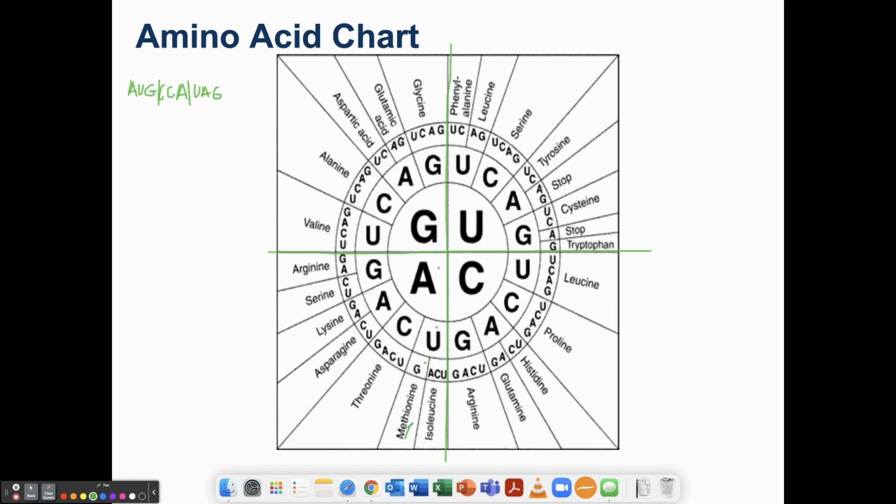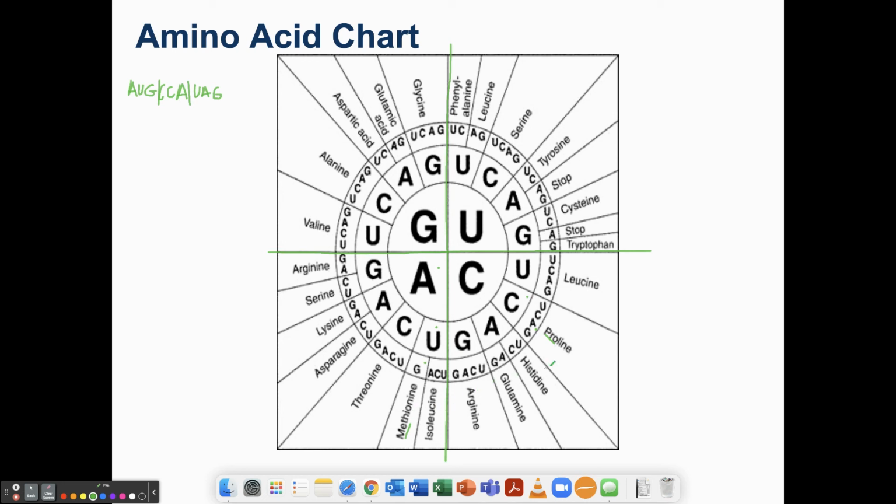AUG stands for methionine. And when we write our amino acids, we usually just write down the first 3 letters. The next one is CCA. Same thing, we start off in the middle, so we start with C, C, A, and that is proline.